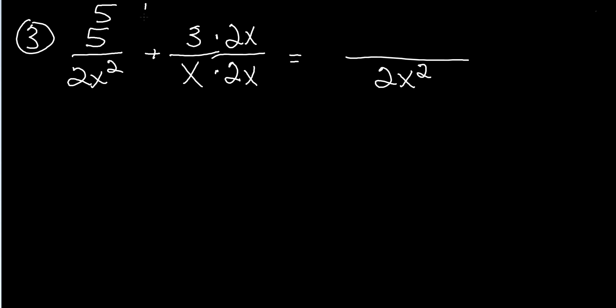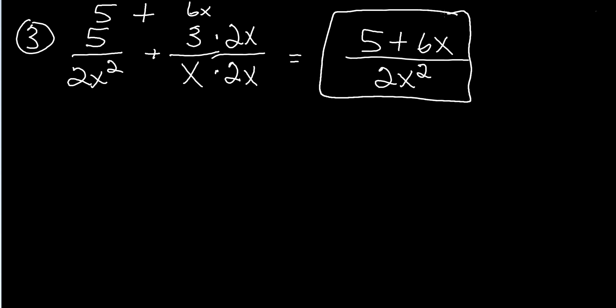I've got 5 plus 3 times 2x, which is 6x. Remember, I can't combine those, so it's 5 plus 6x, or 6x plus 5, whatever. I can't factor anything out of it to simplify it any further, so that's my solution for number 3.